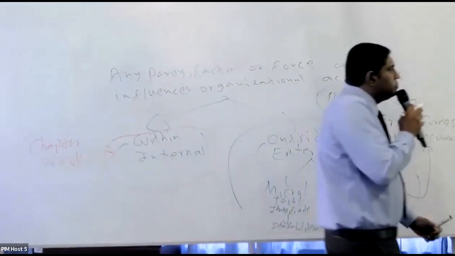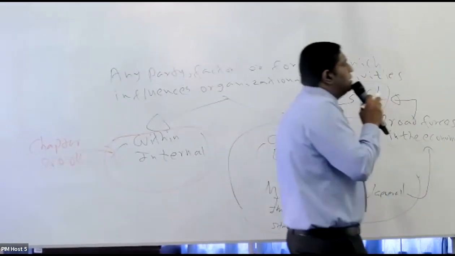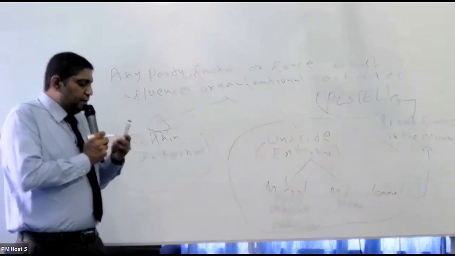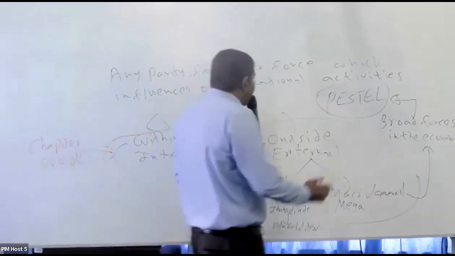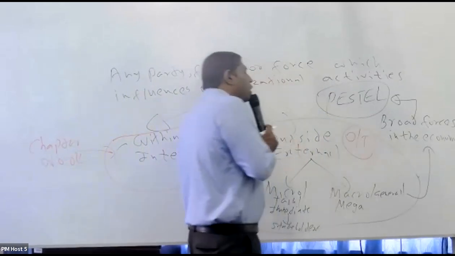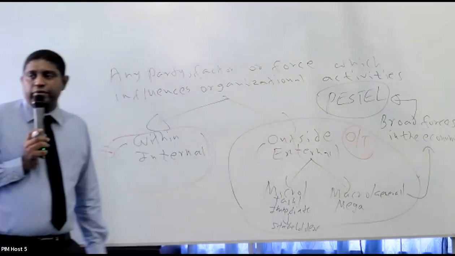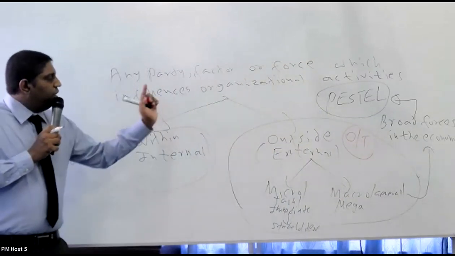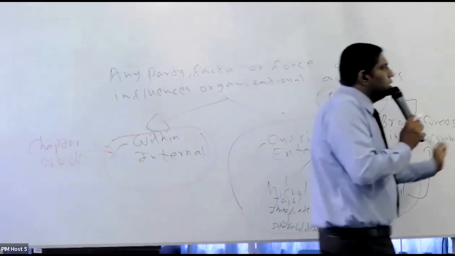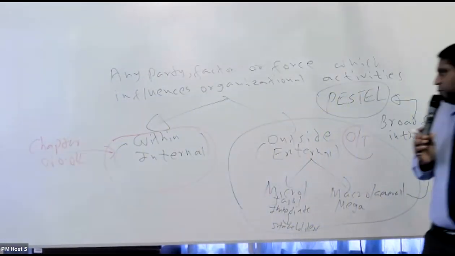Do you know what the objective of conducting the external environment analysis is? The objective is to identify opportunities and threats. By doing this analysis, we want to identify what opportunities are available for us and what threats we are facing.